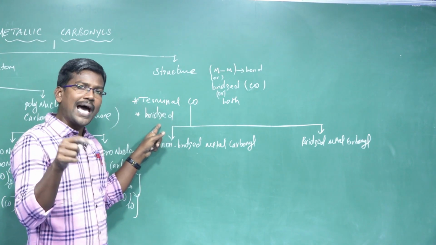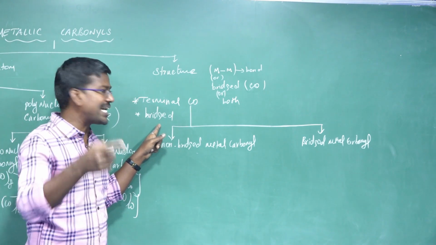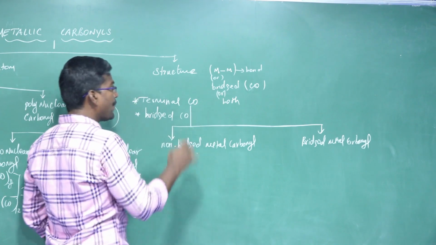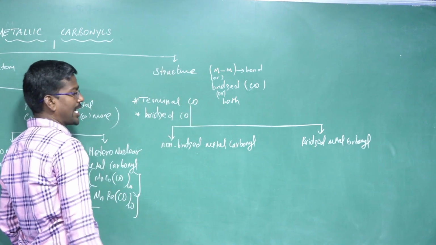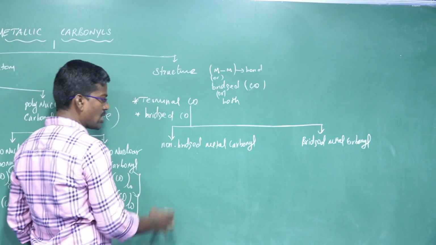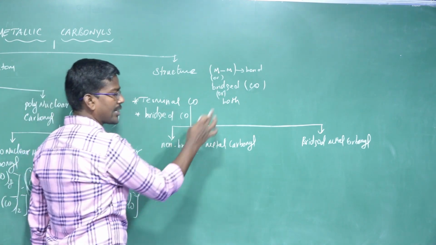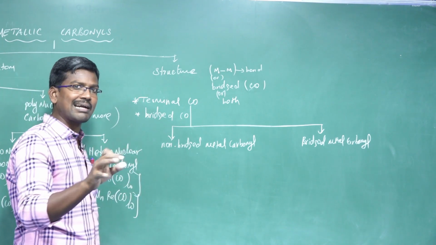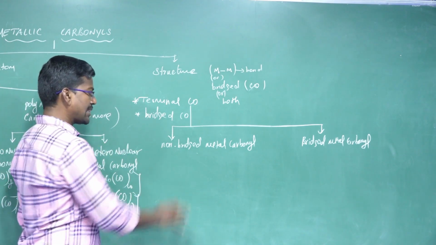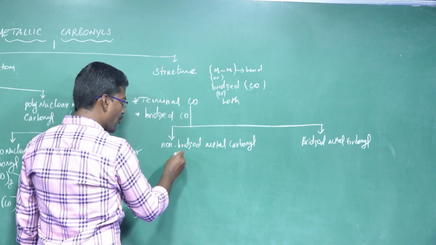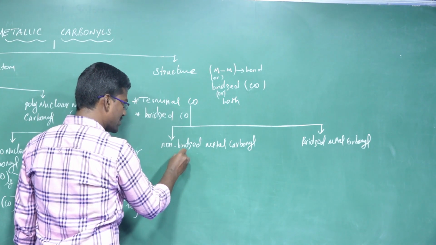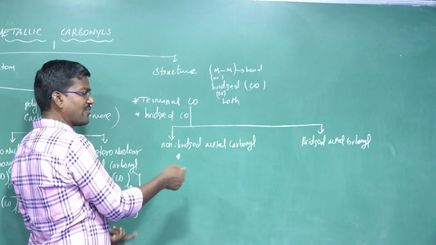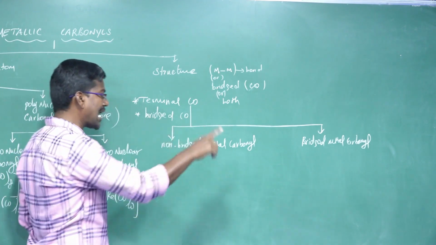Those carbonyl groups directly bonded with two metal atoms simultaneously are known as bridged carbonyl groups. Non-bridged metal carbonyl does not contain bridged carbonyl ligands. The non-bridged metal carbonyl is further classified into two types. One is non-bridged metal carbonyl which contains terminal carbonyl ligands.